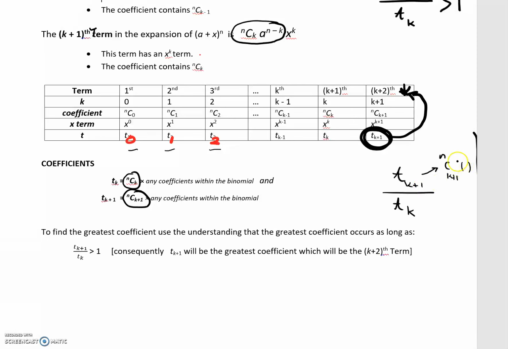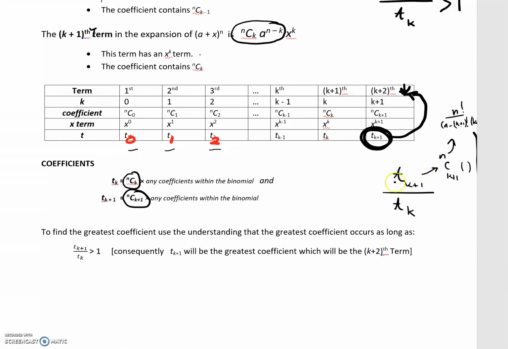And you know from that the definition of nCk plus 1 is n factorial over n minus k plus 1 factorial times k plus 1 factorial.